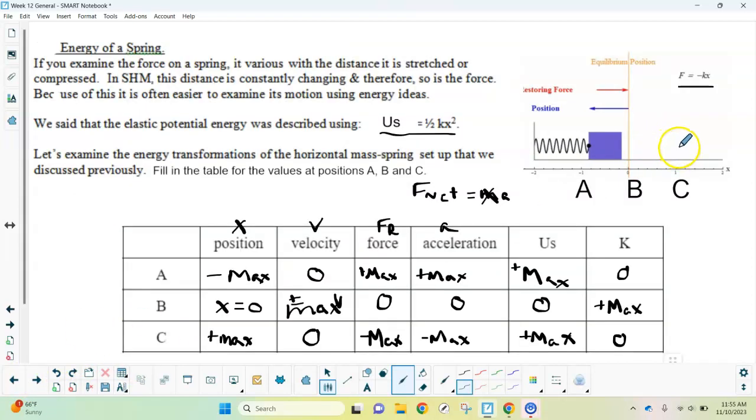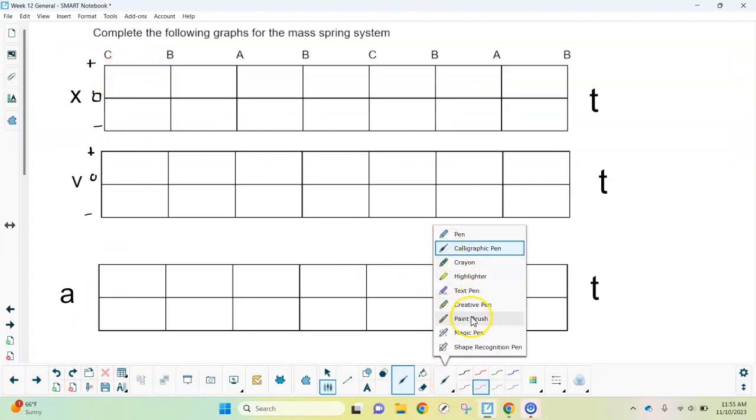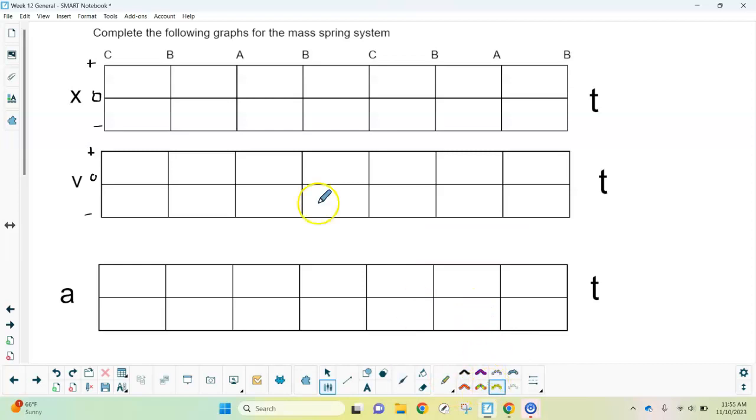If we start here, we're at C. We're going from C to B to A, back to B, back to C, and then the process starts over again. So we're just going to fill these in. We're starting at C, at a positive maximum. If I'm plotting a point, I'll use a pen that looks sort of different. At C, we're at a positive value.